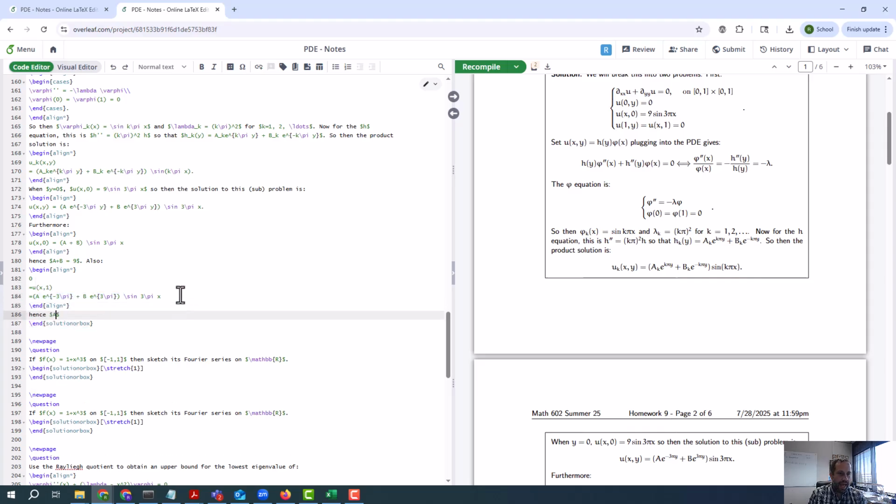Hence, a times e, well, this is equal to 0. So now I've got two equations. A plus b is equal to 9, and a times this is equal to that.